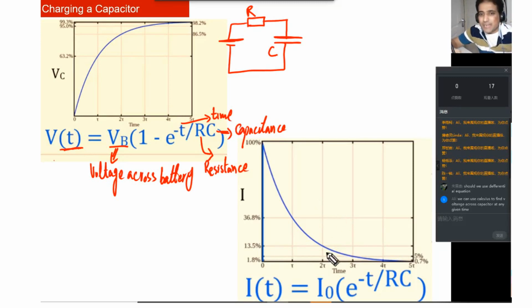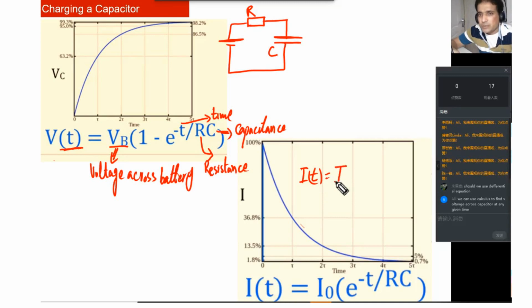On the second thing, if you look at this one now, the current in the circuit at the beginning will be maximum, but as time passes, the current in the circuit will start to decay, means start to decrease. So how can we calculate I at any given time? Here this is how.